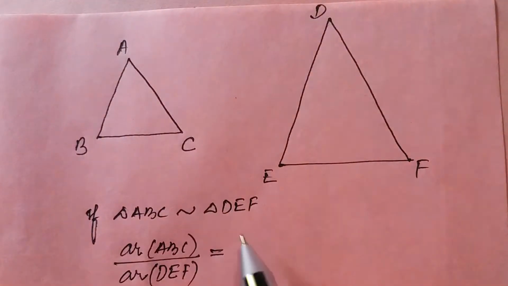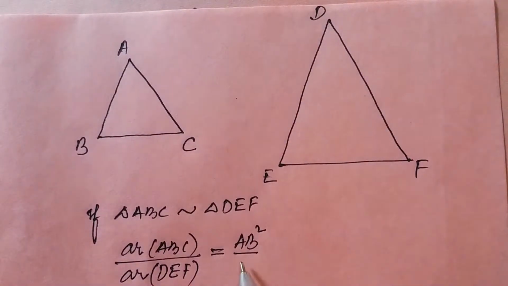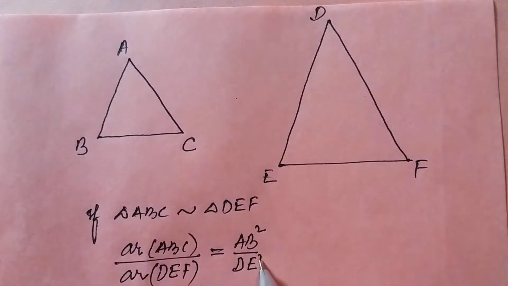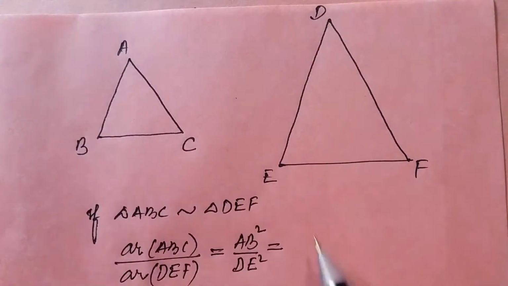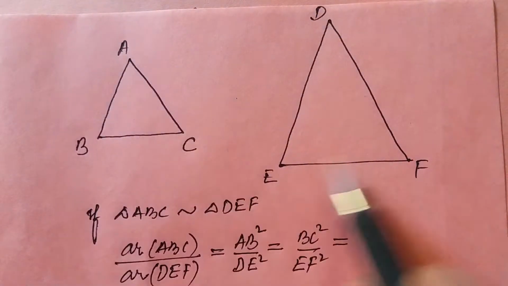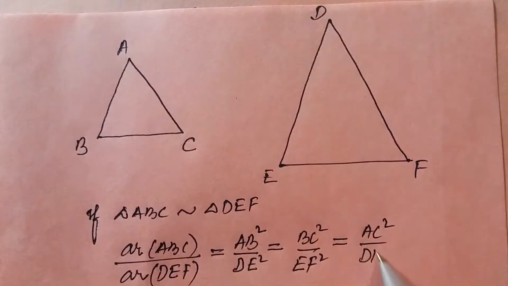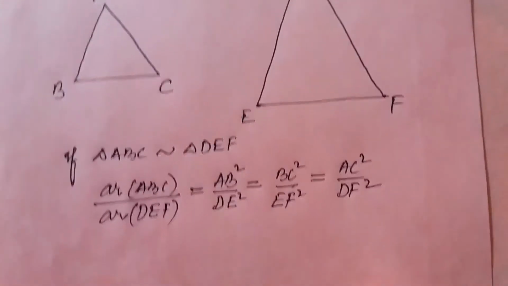So we take the squares of the corresponding sides: AB square by DE square, and this is equal to BC square by EF square, and this is equal to AC square by DF square. Now this is what the theorem says.